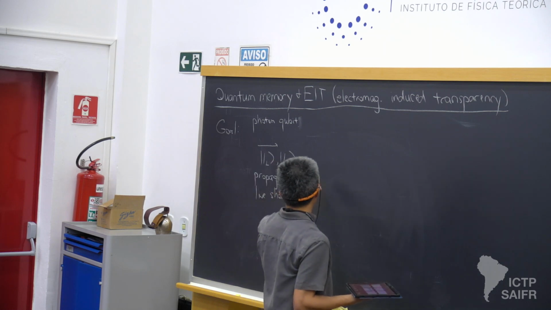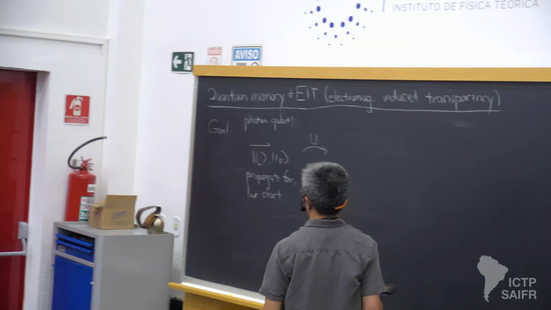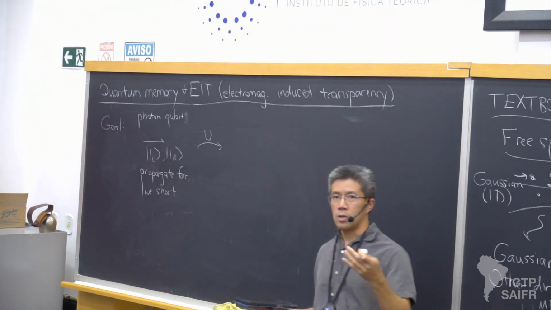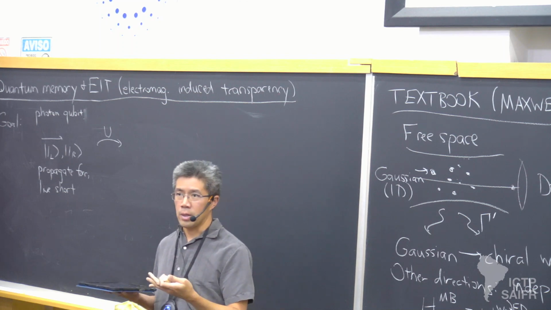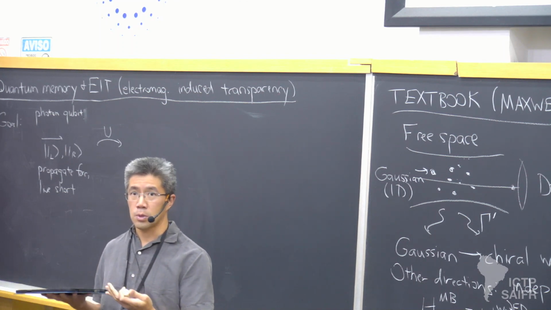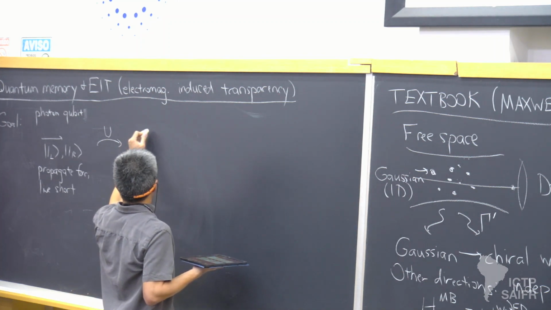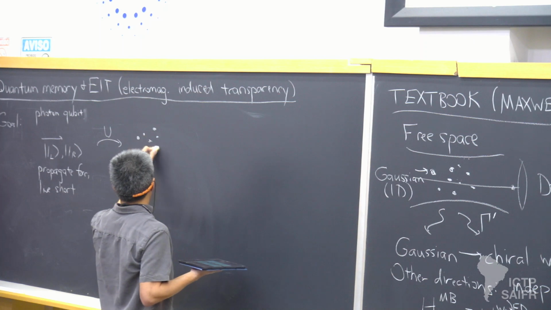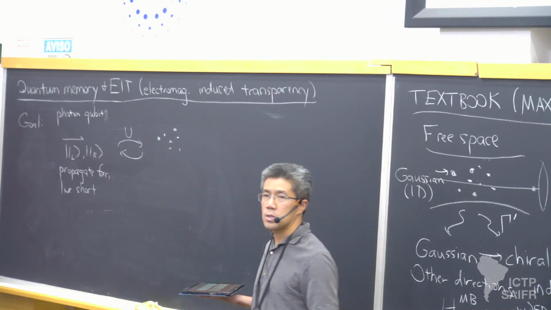you would then like to do is find some unitary map where you can take these photons, you send them into an atomic medium, so the atoms absorb that photon, but hopefully in some coherent way, and then by virtue of the fact that it's a unitary map, you can then also kind of undo the process later.